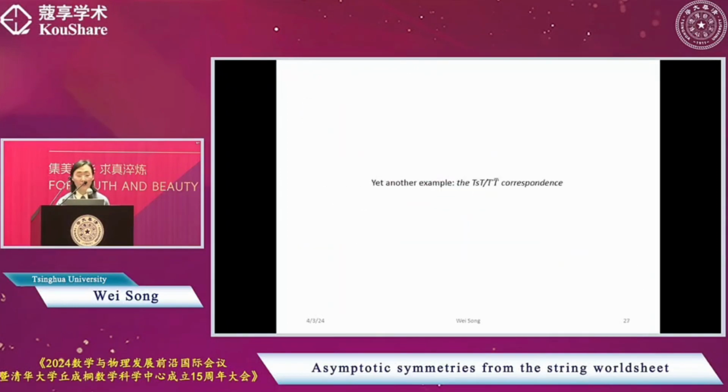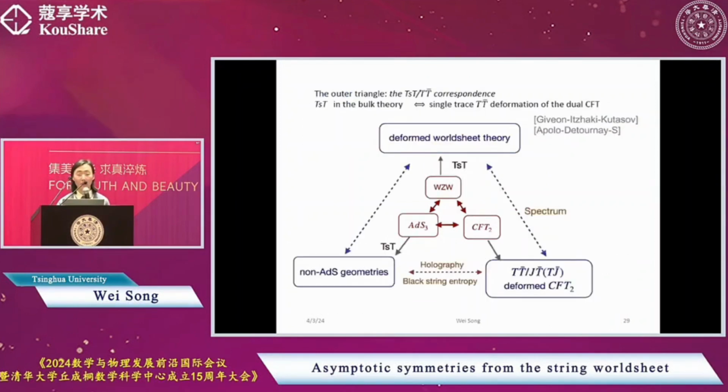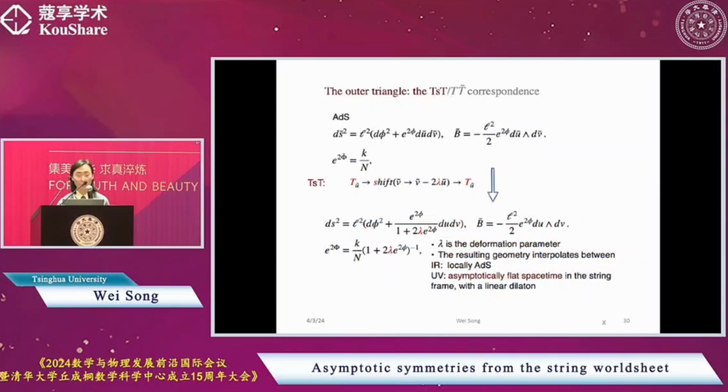And finally, there is another example using string theory. It comes from deforming the first model that I mentioned. So in the string theory setting, I perform a so-called TsT transformation. T means T-duality, and s means shift, and then T-duality again. After this, I can deform AdS spacetime to some asymptotically flat spacetime with a linear dilaton.